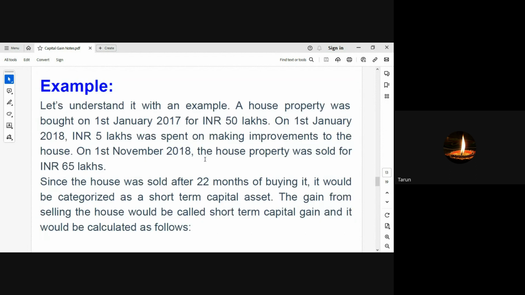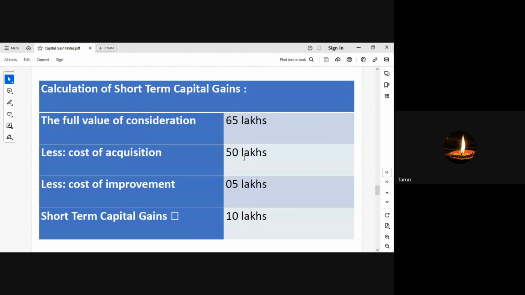You need to understand what the full value of consideration is in this question, what the cost of improvement is, and what the cost of acquisition is. The full value of consideration is 65 lakhs, because that is the sales value of consideration.